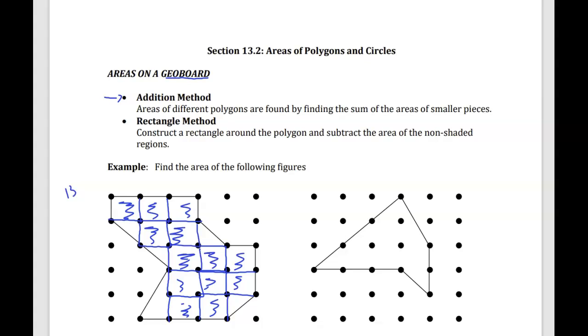And then I have 1, 2, 3, 4 half squares. So plus 1/2 times 4.